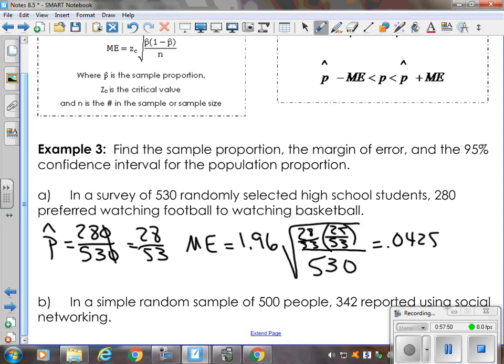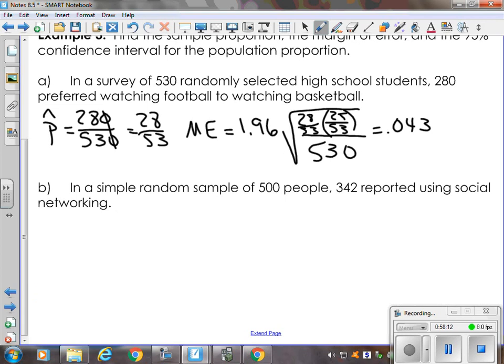Maybe let's round it to 3, because Z only has 2 on it. So that would make that a 3, and 2 would make it go up to 3 because it was 5. Since this is the only decimal in the whole problem, you probably want to make your answer match what Z was. So now, let's see if we can write our confidence interval for this using that error.